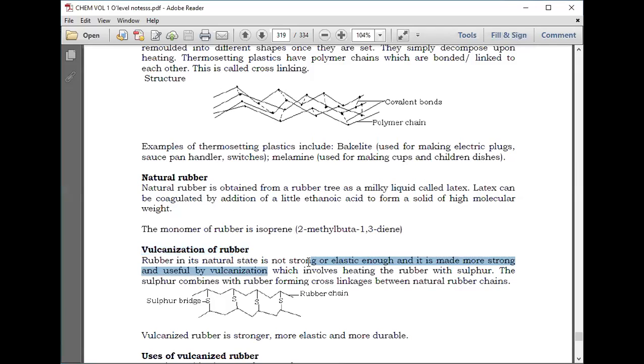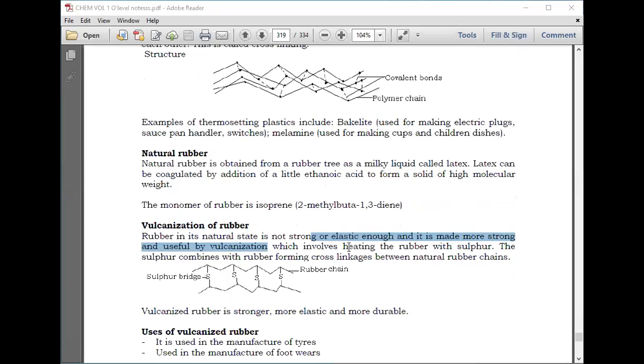Vulcanization of rubber is the process of heating rubber with sulfur. Please, you must always remember that vulcanization is a process of heating rubber with sulfur to make it stronger and elastic.